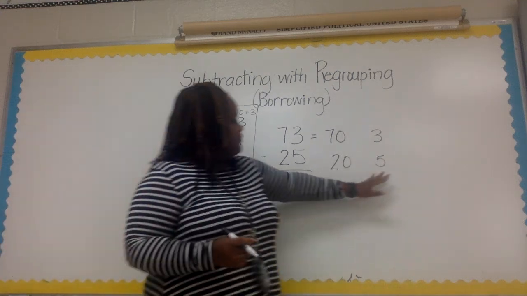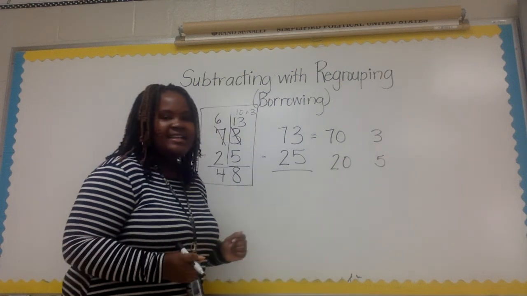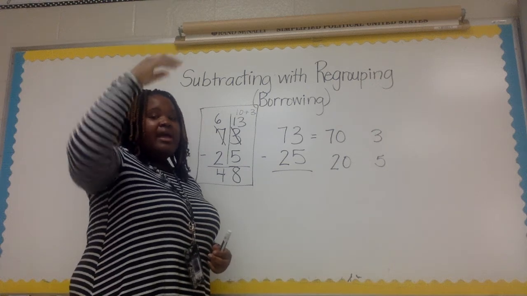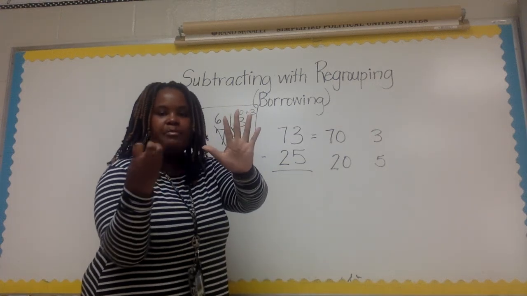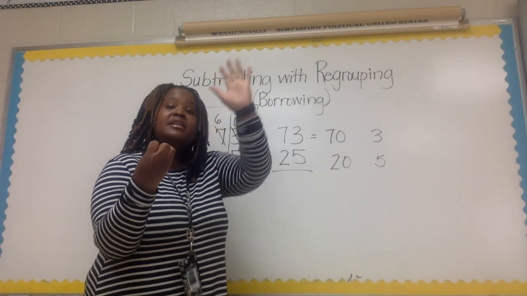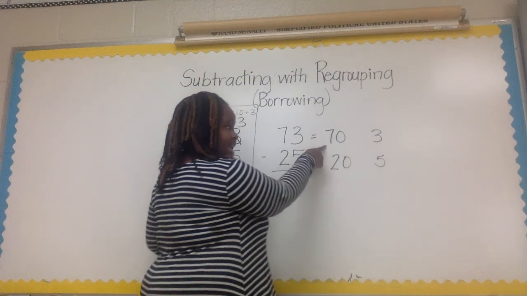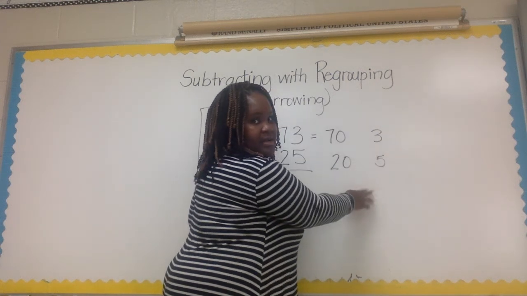So let's look at here. Okay, so 5 from 3, I still cannot take that away, okay, because the larger number has to be on top. If I have 3 apples, I can't take 5 apples from 3. I've got to have enough apples to pull from, okay? So I've got to take a 10 from here to add over here so I have enough, okay?